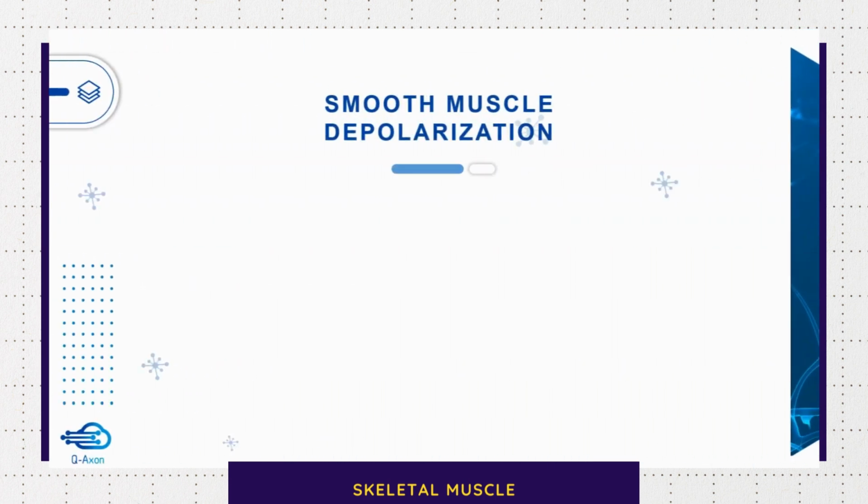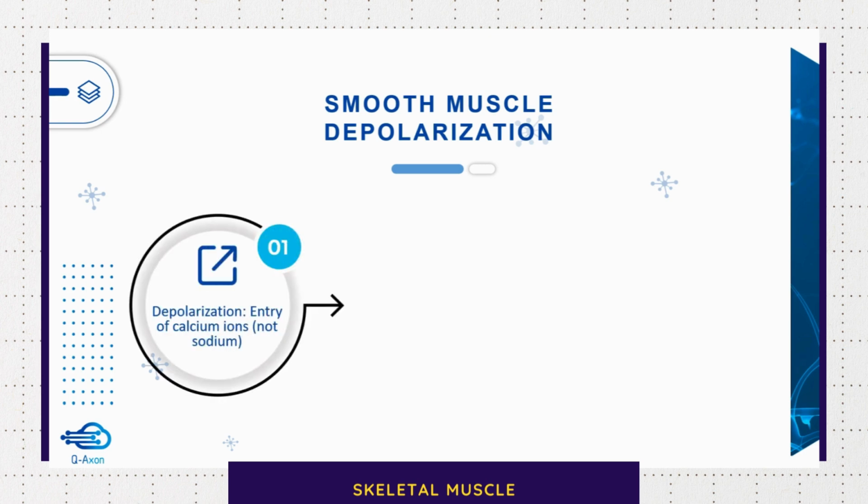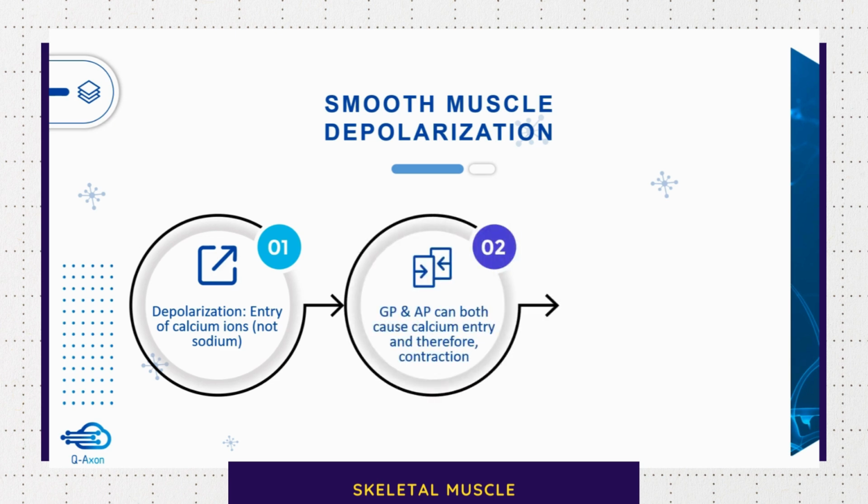Now, the process of smooth muscle depolarization is also different from that of skeletal muscle in some ways. For example, depolarization here is brought about by entry of calcium ions and not sodium ions.